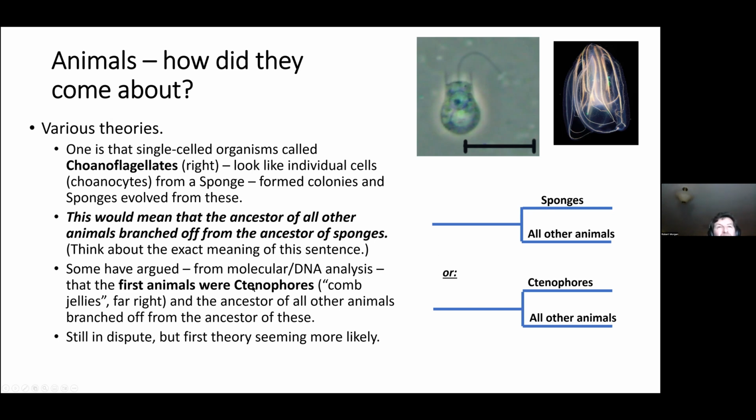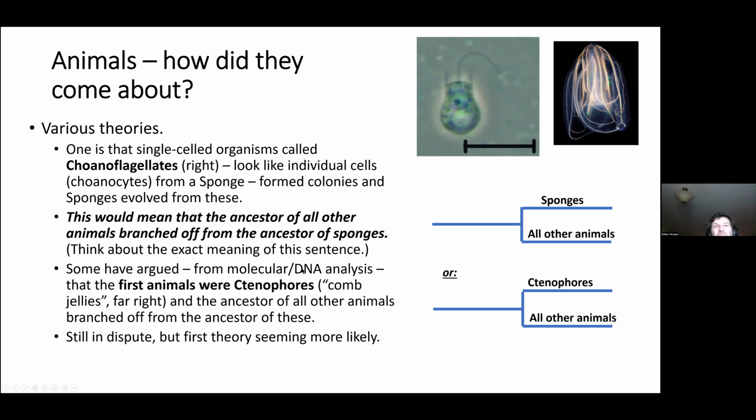However, there's another idea that the first animals were things called ctenophores. Now, we don't see those in the intertidal zone of Britain, so I'm making an exception here to mention them. They're these things at the top right. They look vaguely like jellyfish, but are actually quite distinct from them.